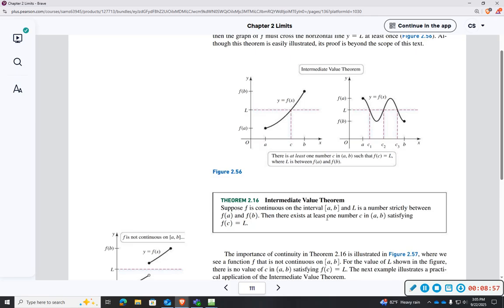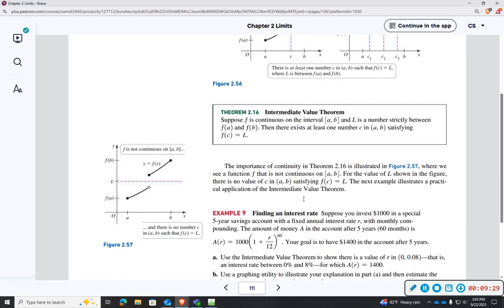Then there exists at least one number c in (a, b) satisfying f of c is equal to L. If you draw an interval between a and b, those points map to y values, and we pick a y value between the y values associated with a and b, and there is a point in the middle. If we go backwards and find the y value, we can trace it back and find the x value such that it equals that y value.